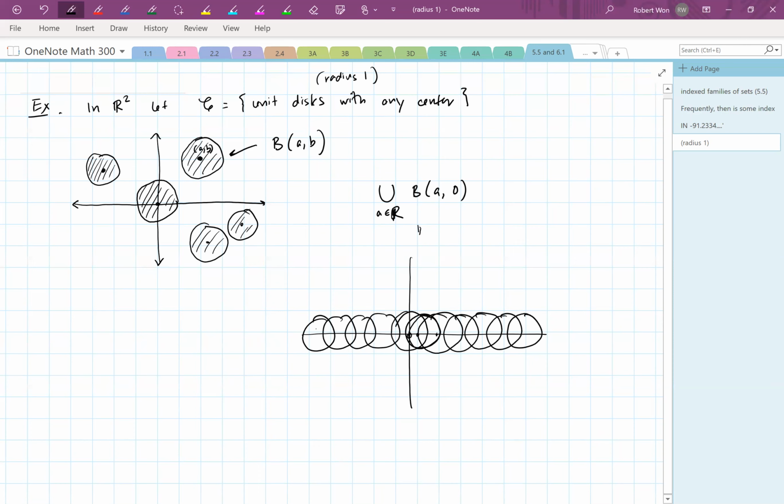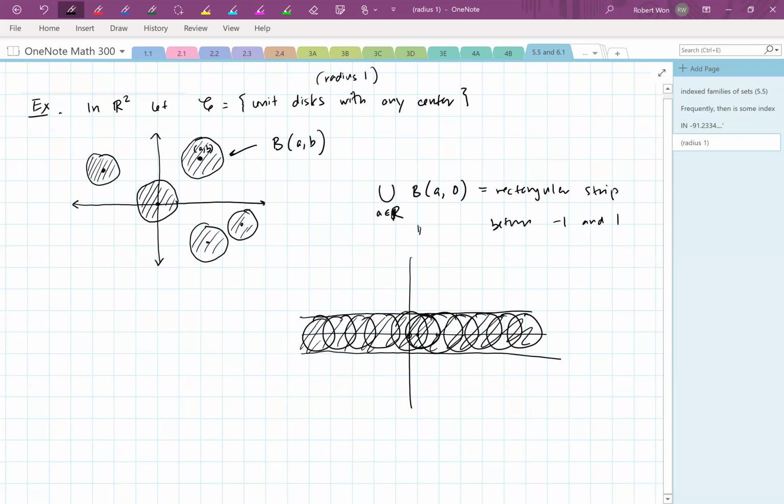And if you take the union over every possible disk here, what you get is this rectangular strip. You get this entire rectangular strip going off infinitely in both directions, between -1 and 1 on the y-axis, say.